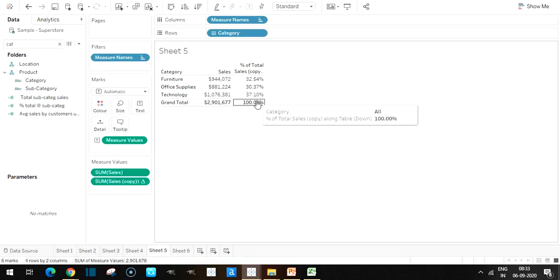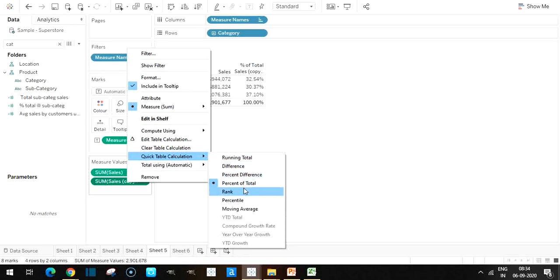So whenever you sum up all the individual components, when it's a percentage of total, it has to be 100%, right? And the breakup of the 100% is this one: 32%, 30%, and 37%. Furniture sales is 944,000, which is 32% of this sales. Office supplies is 30% of this sales, and so on. So that is our percentage of total.